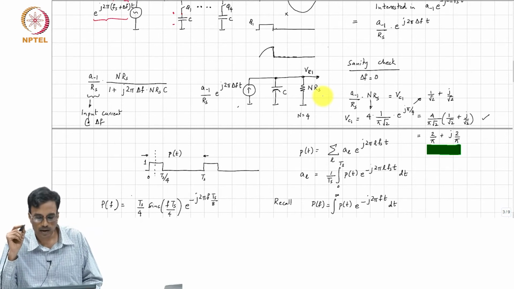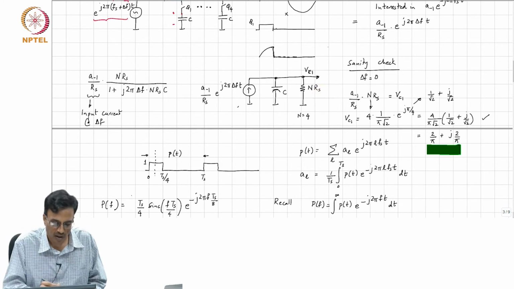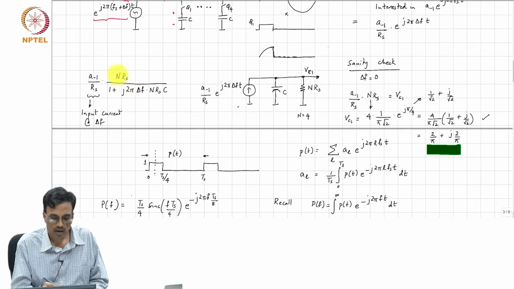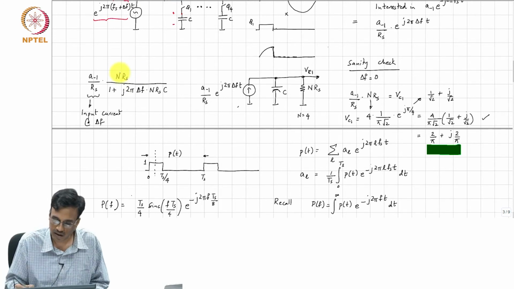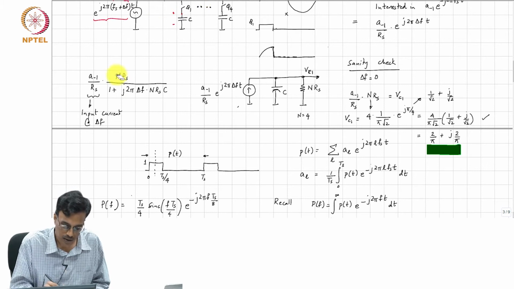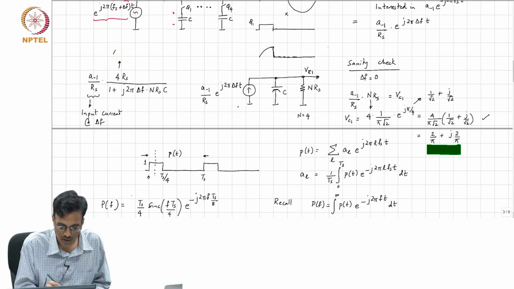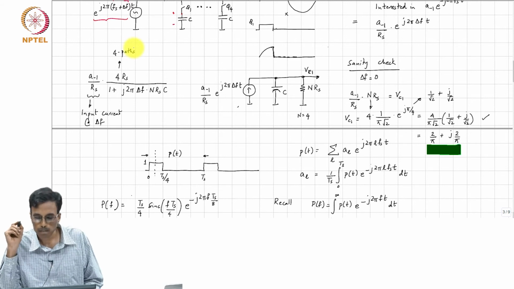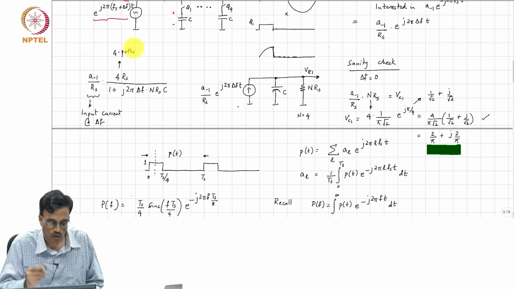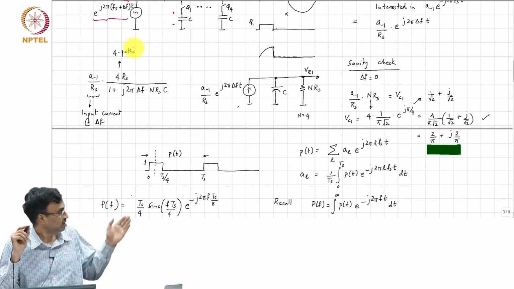Okay. And so, therefore, the amplitude of the voltage developed across the capacitor at delta f will be given by this expression, which is A minus 1 times, in our case n is 4, that's because of the 4 paths that we have, right. And so, what is this telling us?